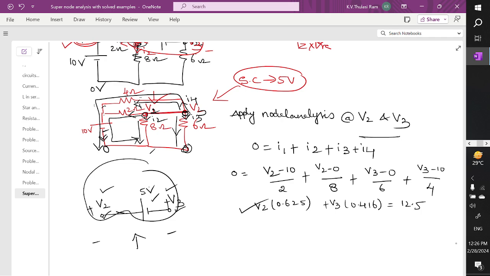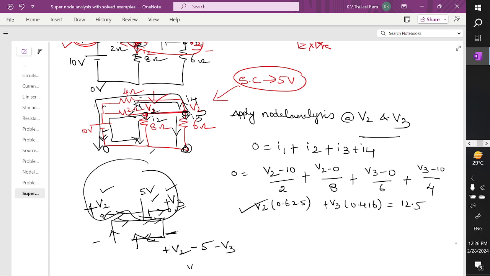Then you are going to construct like this. Current is leaving, what is the leaving polarity of the voltage? Plus V2. Current is leaving, what is the leaving polarity of the voltage? Minus 5. So current is flowing like this. Current leaving is plus V2, minus 5, and minus V3.